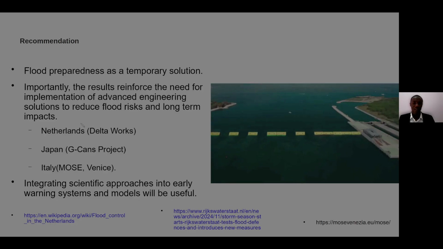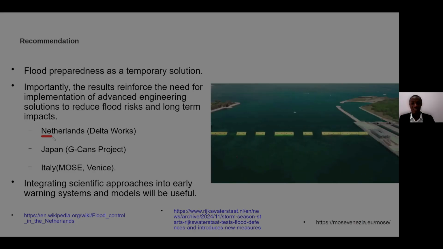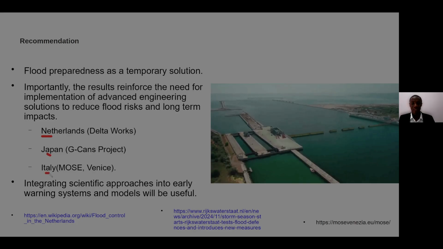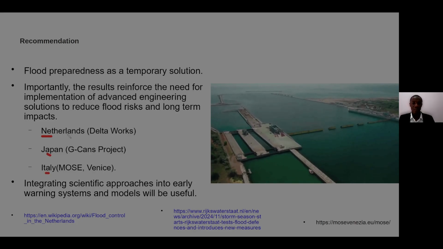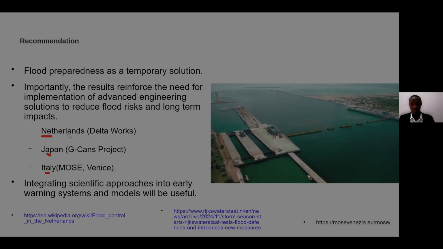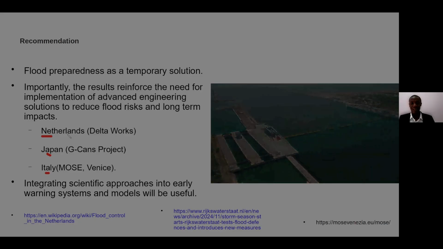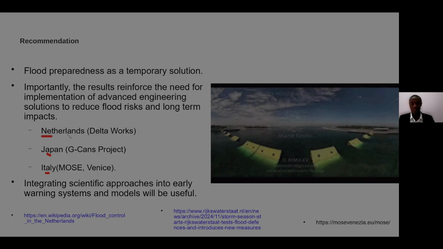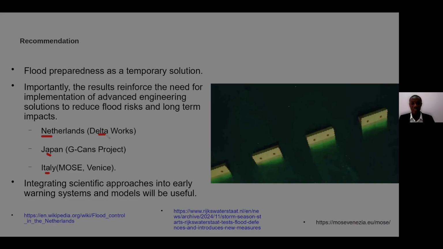And we can take initiative from countries such as the Netherlands, Japan, and Italy. The Netherlands, for instance, sits beneath the mean sea level, and so it's at a higher risk of flood. However, its government implemented the Delta Works project made up of river barriers that block the flow of water towards the communities, and this has helped protect the land of the Netherlands for a period of time.